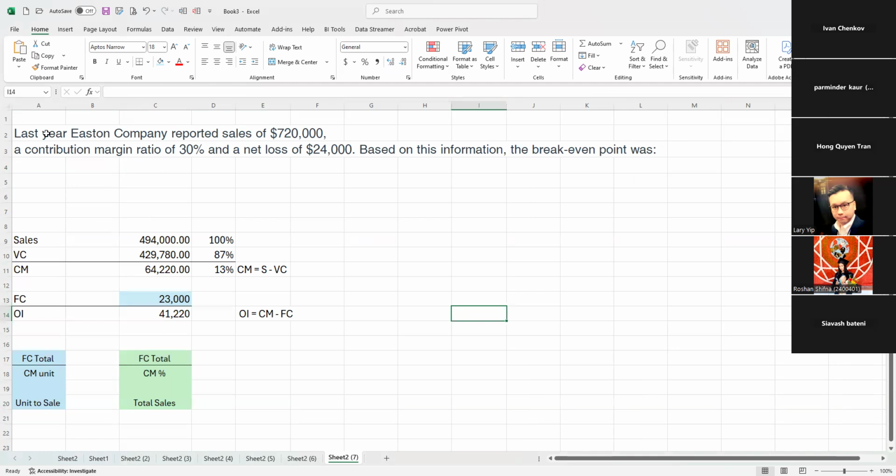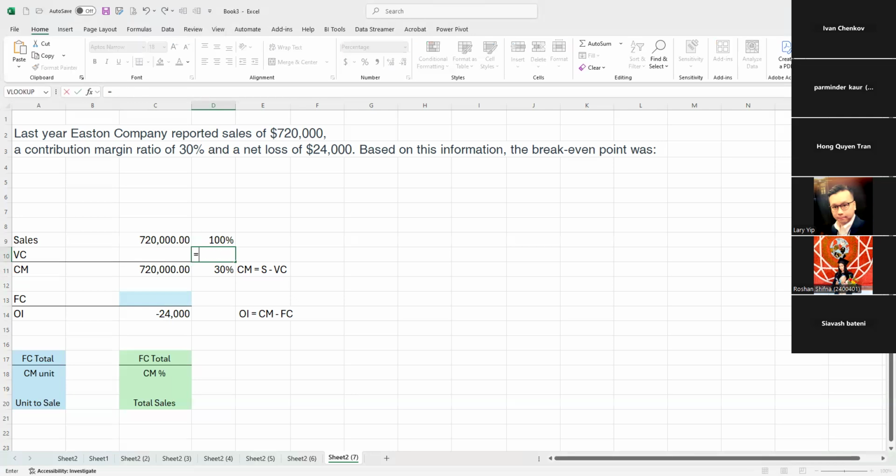So this company last year reported sales of 720,000 and the contribution margin was 30%. And the net loss was 24,000. Correct? Yes, sir. Okay, so I have this. I don't know this. But I know this is 30%, correct? Can I get my variable cost as a percentage?